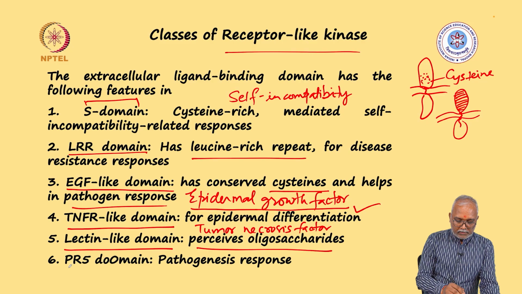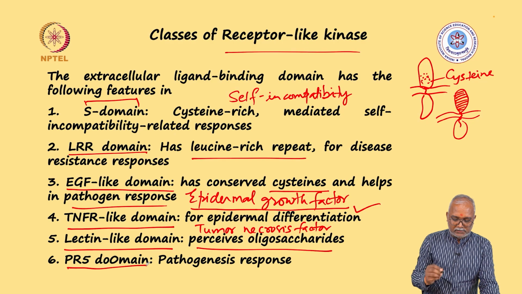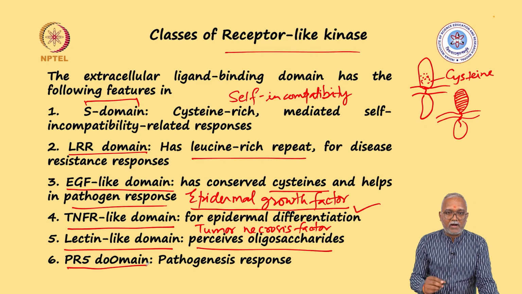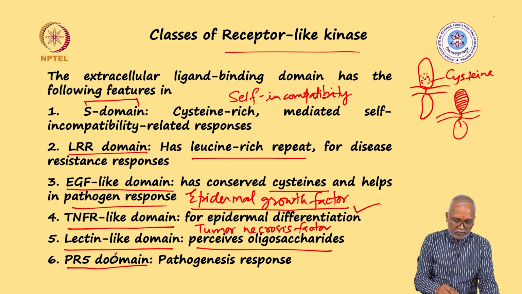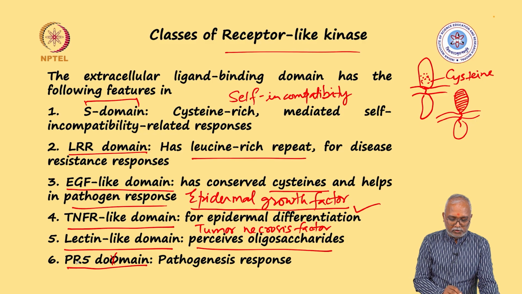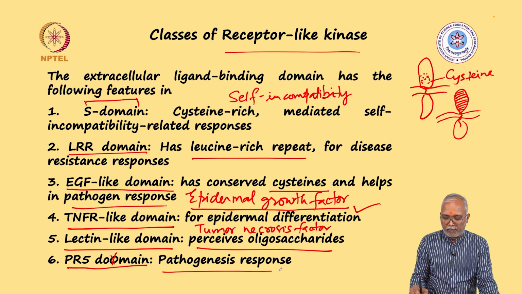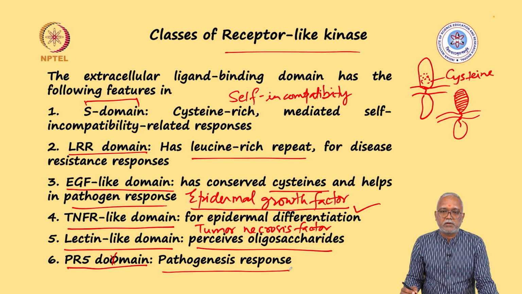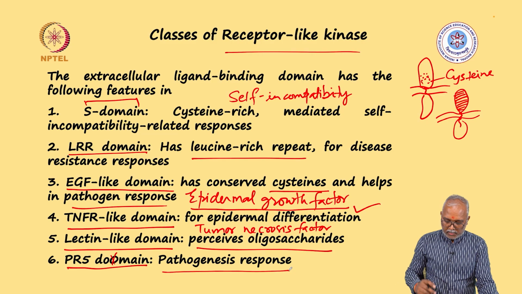There is an additional class of extracellular domain called the PR5 domain, which is basically pathogen response. This is important for response to pathogens which are invading, such as bacteria trying to gain entry into the organism or the plants.